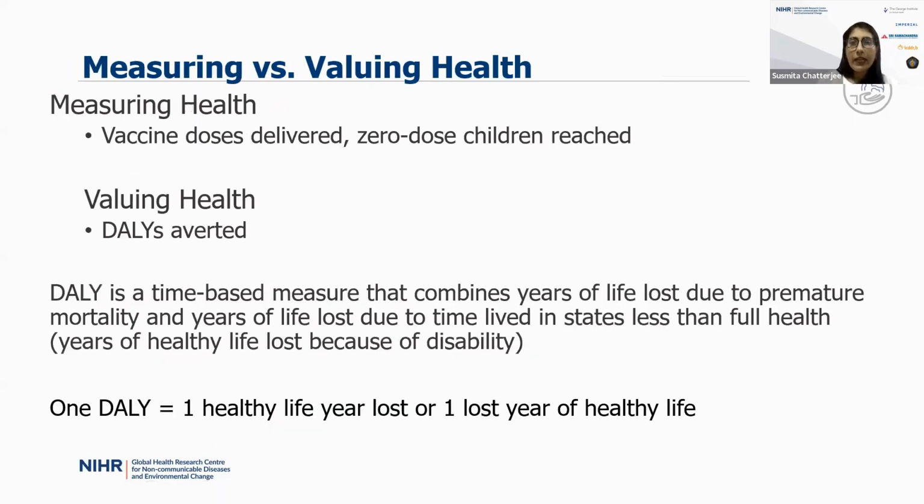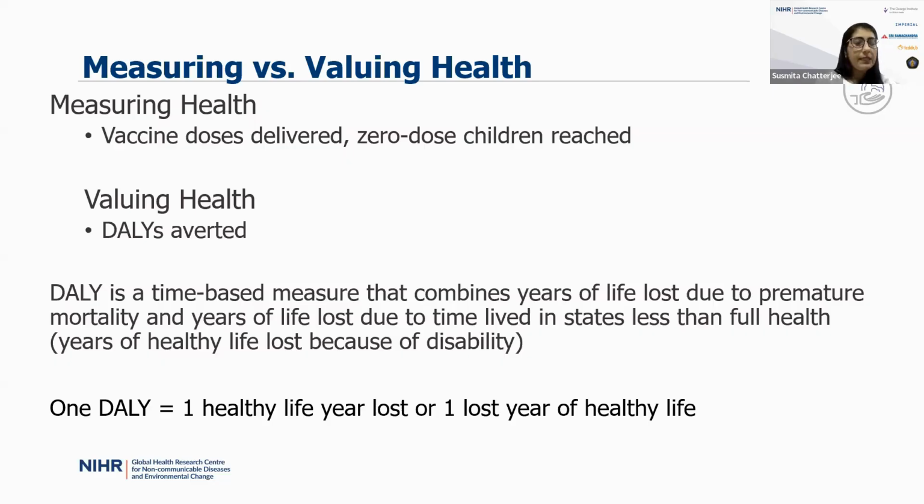So we are now in the outcome, and now the question is measuring versus valuing. Why does this question come? Because measuring means just measure. And see, vaccine doses delivered, you can easily measure, right? When you are doing the intervention, you can easily see how many extra doses were delivered. Zero dose children reached.